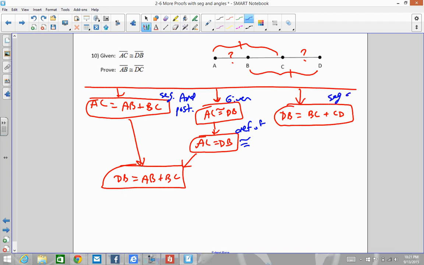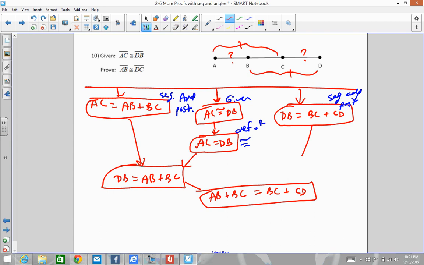Segment addition postulate. Well, aren't both those equal to DB now? I can bring them together. If and then. So again, AB plus BC is equal to BC plus CD. And this, if I take something out, if and then, this is a substitution property.